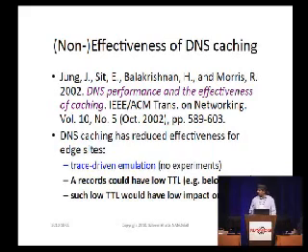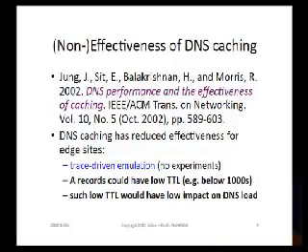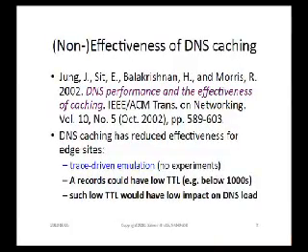A starting point for this is a paper from almost 10 years ago by some chaps at MIT, and they looked at the effectiveness of DNS caching at edge sites. They did a trace-driven emulation, and when they looked at the DNS data, the first thing they saw was that it was very noisy. A lot of it was retransmissions or errored packets.